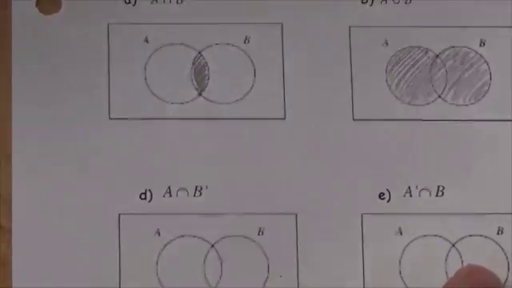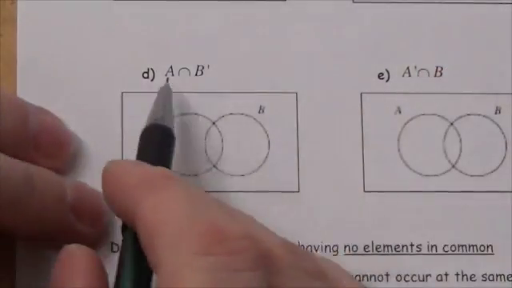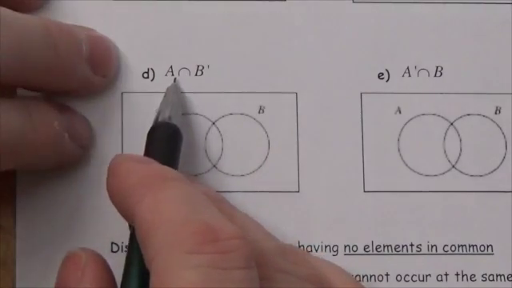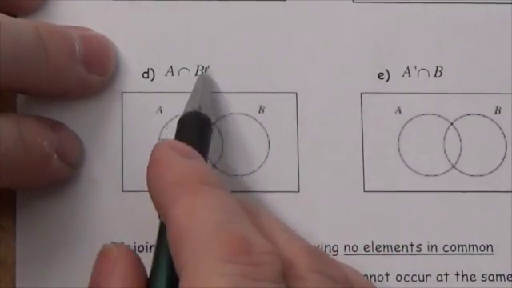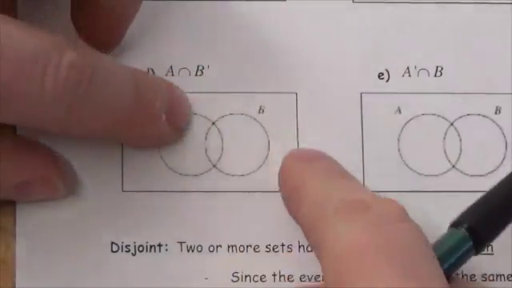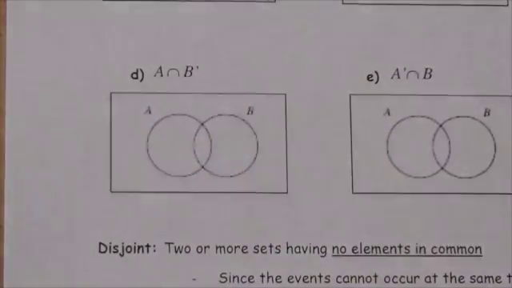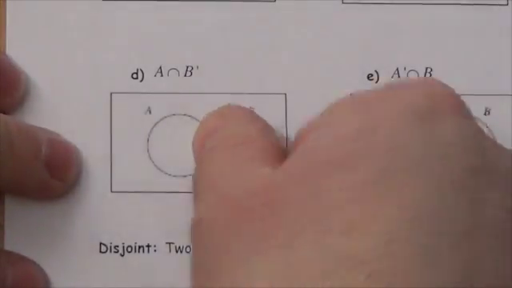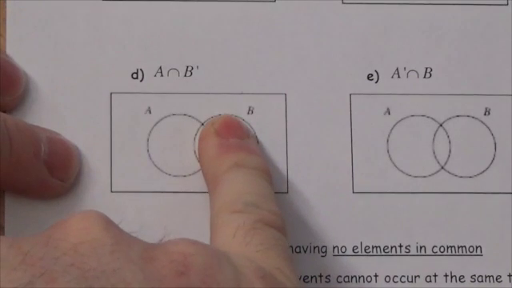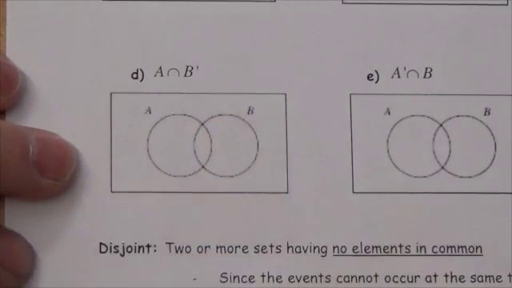Now, this gets a little bit more confusing when you throw a little bit more detail in here. So this is A intersection not B, where they overlap. Well, not B is going to be all this stuff outside of B. In fact, the best way to describe this is, I'm going to just cover up B like this. There's B. Now, where does A overlap with not B?